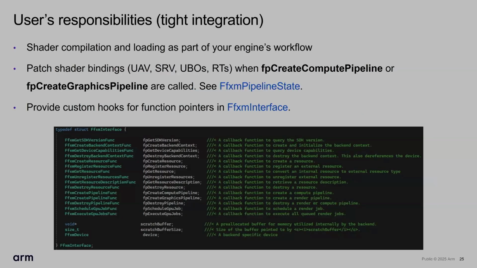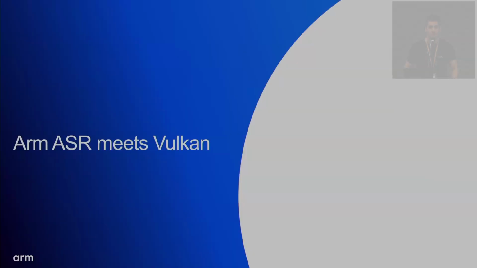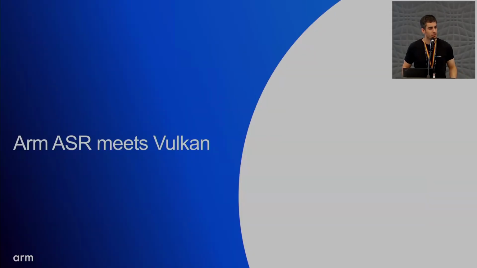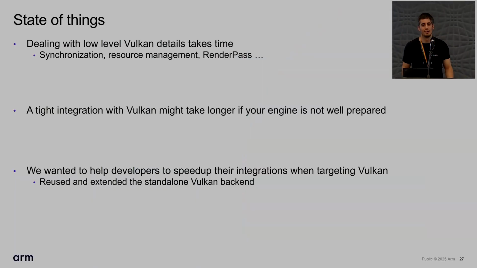As I said, if you're going for a tight integration, you have responsibilities. You'll have to load the shaders and fill some reflection information, but it's easy. So now, what about Vulkan? I'm going to quote Tobias on this: Vulkan is hard.